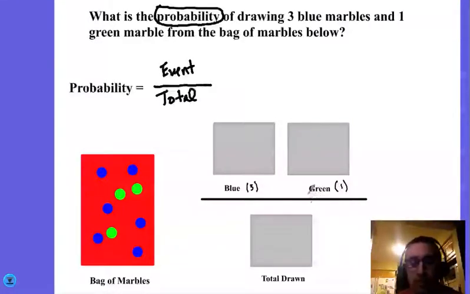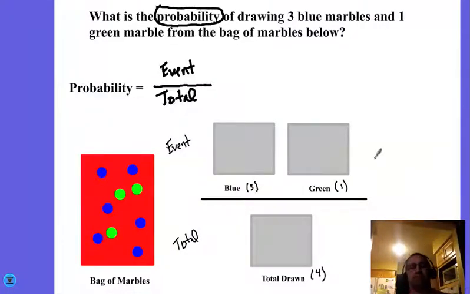That's our event on the top, and on the bottom we have to do our total. So if we pick 3 blue and 1 green, we have a total of 4. Again, I have 2 events that I have to multiply together. I'm choosing 3 blue.